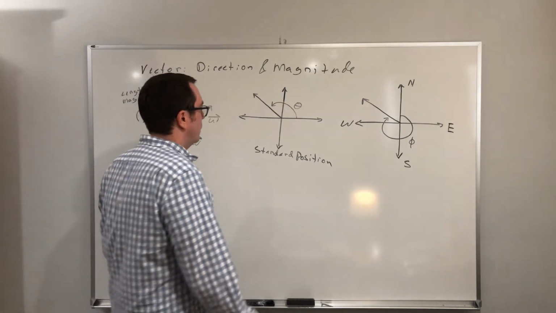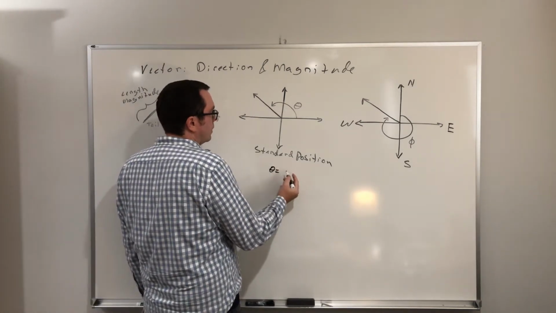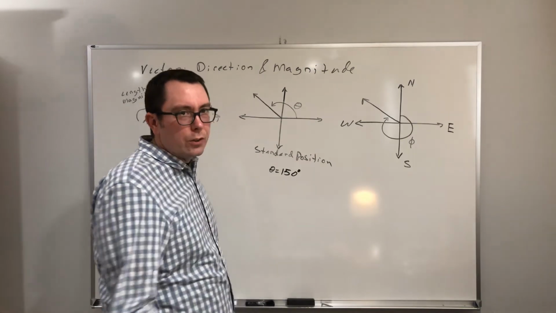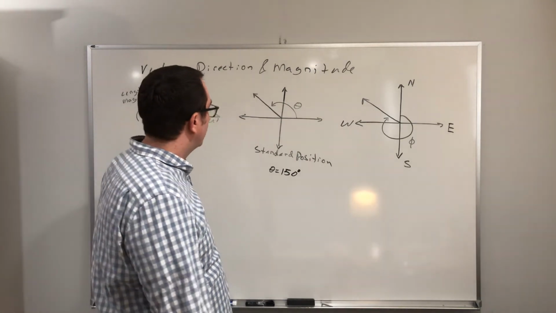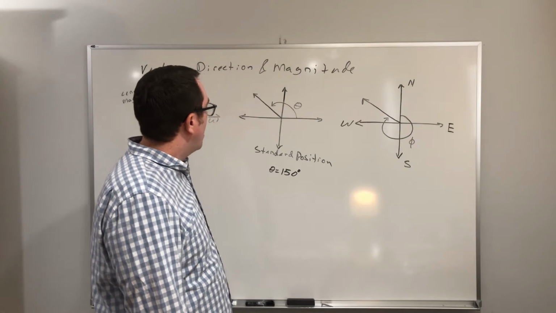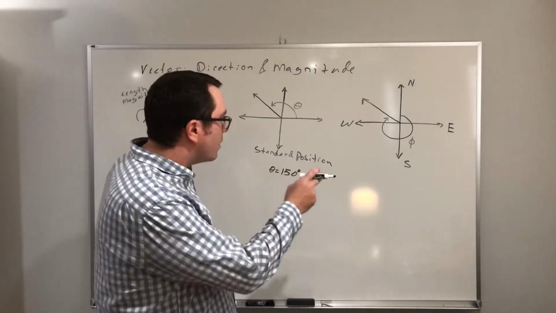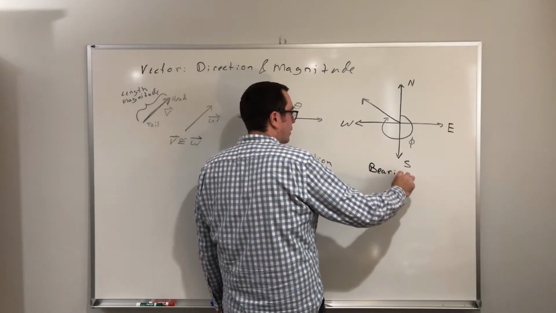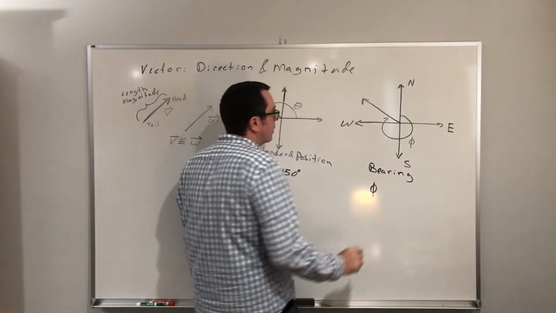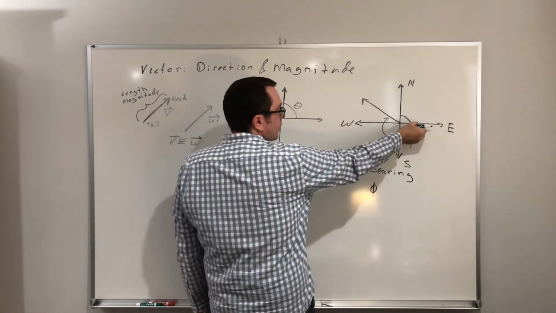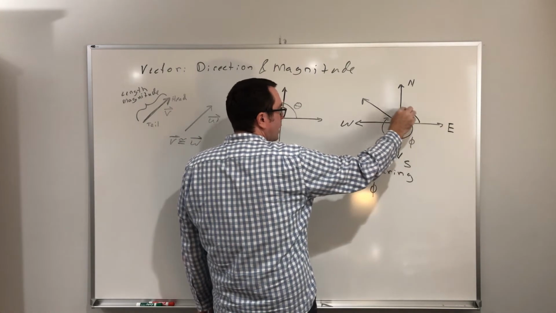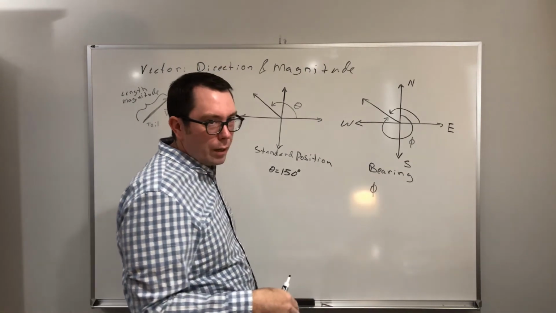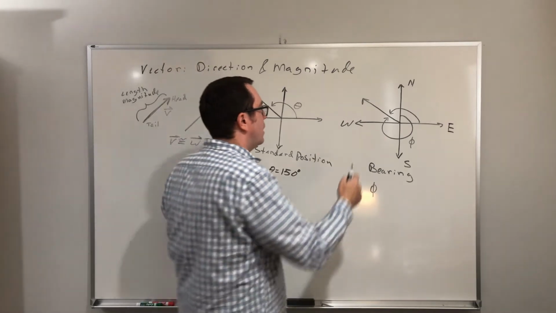Let's say here theta is 150 degrees. Usually in vectors we use degrees instead of radians, which is kind of nice. For phi, which is a bearing, this angle is theta, so we know that's 150, we'd have to subtract 90 from it, so that gives us 60 degrees here.